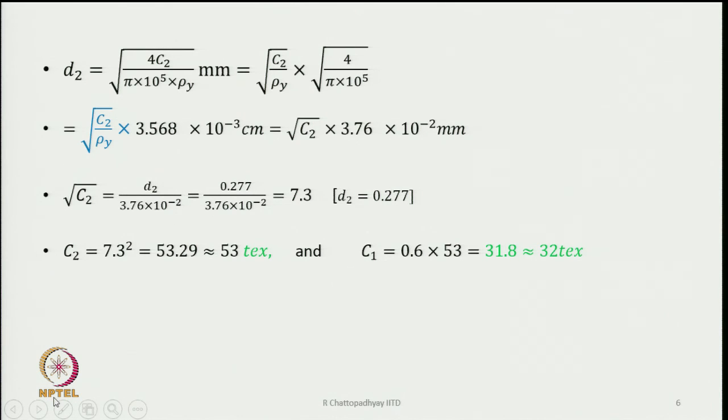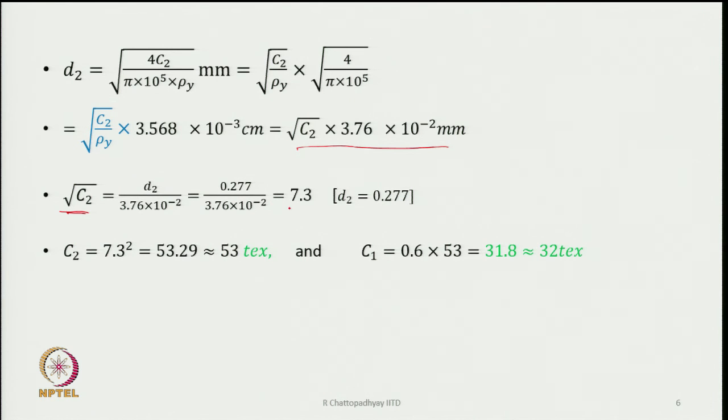we will find that d 2 is going to be root over C 2 into 3.76 into 10 to the power minus 2. From there, we can find out what root over C 2 is.